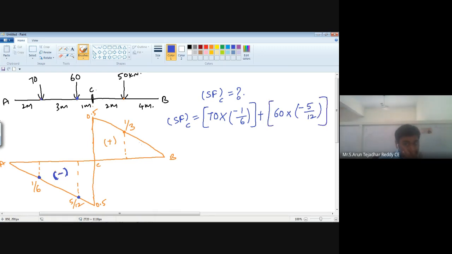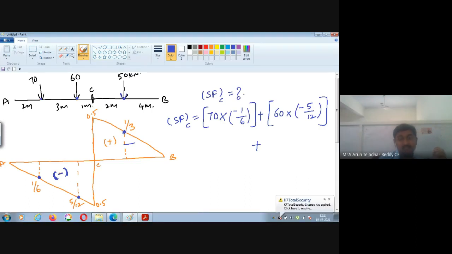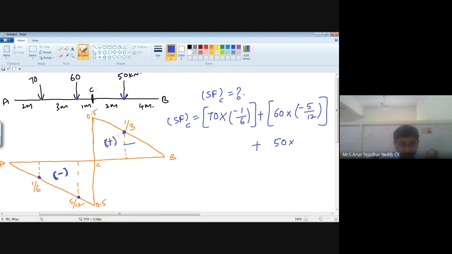Next, plus, now coming to the upper ordinate. In the upper ordinate, load is acting at this point. So under the load, we have 1/3 ordinate. So load 50 should be multiplied with the ordinate. See here, it is a plus value. So we can write directly 1/3. No problem.